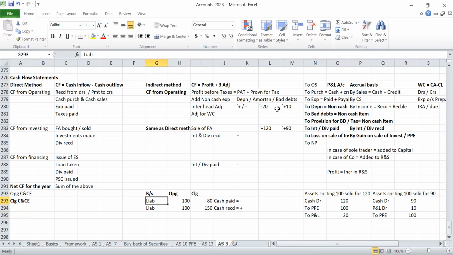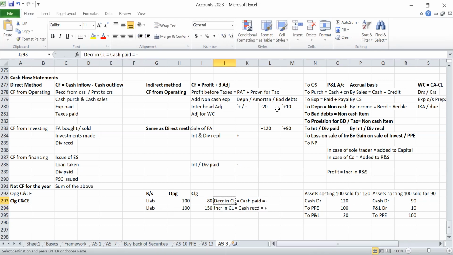Then if you remember any one thing, everything will be opposite. If you remember this: an increase in current liability is cash received, plus.